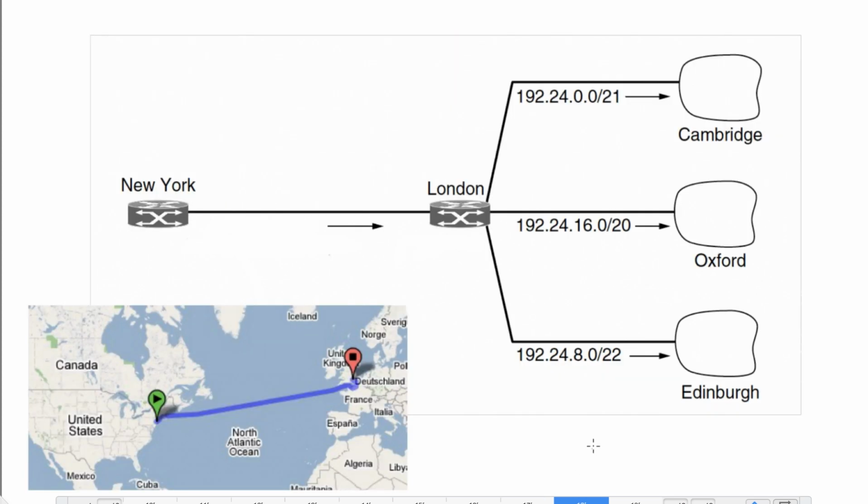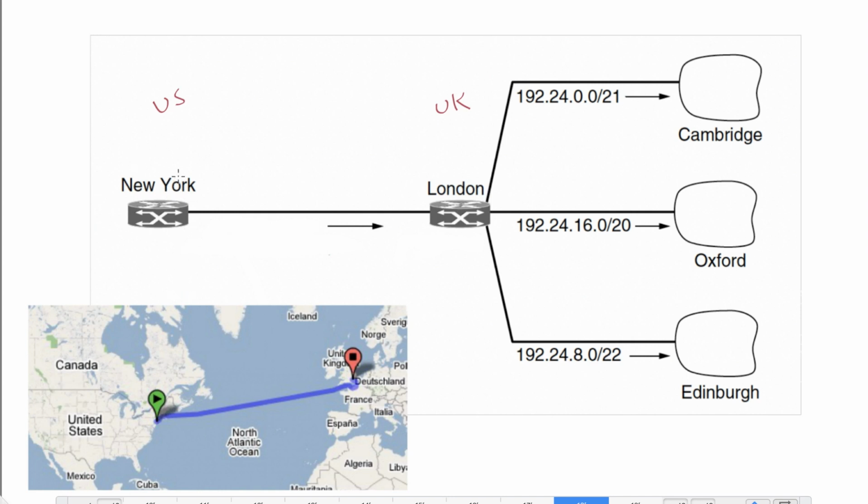Now let's take one more example. Suppose you are in the US and you want to forward some packet to the UK, and there are 3 universities to which this router is connected, Cambridge, Oxford or Edinburgh University, and these are having some different IPs. But as per the Newark router, it does not matter.